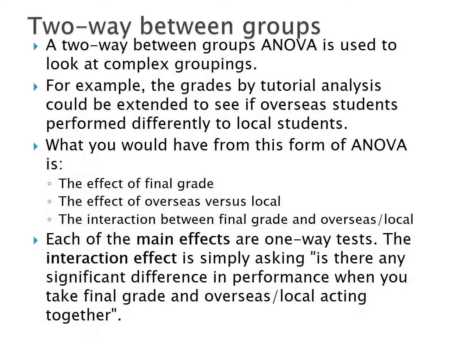What you would have from this form of ANOVA is the effect of final grade, the effect of overseas versus local, or the effect of culinary versus tourism, and the interaction between final grade and overseas versus local. Each of the main effects are one-way tests that we talked about previously. The interaction effect is simply asking, is there any significant difference in performance when you take final grade and overseas versus local acting together?